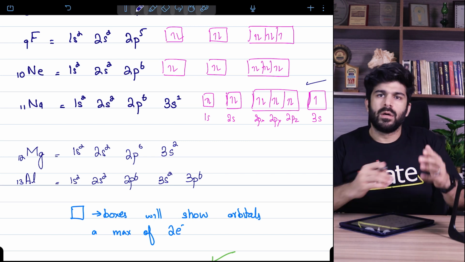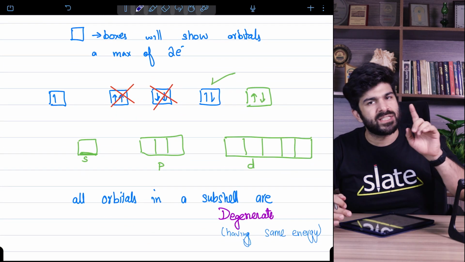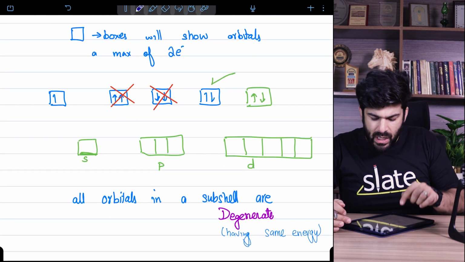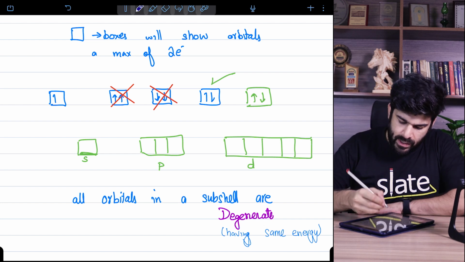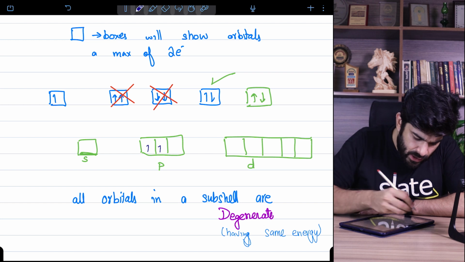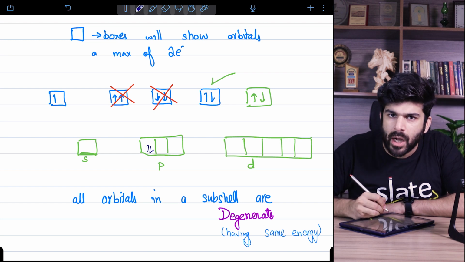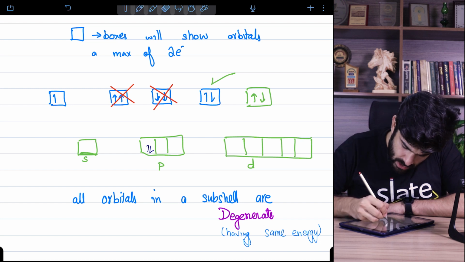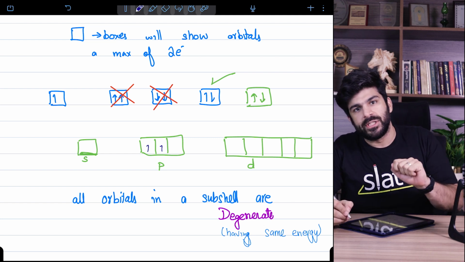And remember, all these orbitals are degenerate. They have the same energy. We will fill them in this way: if p has 2 electrons, the second electron will not come here. It will come in the next p orbital because they all have the same energy.